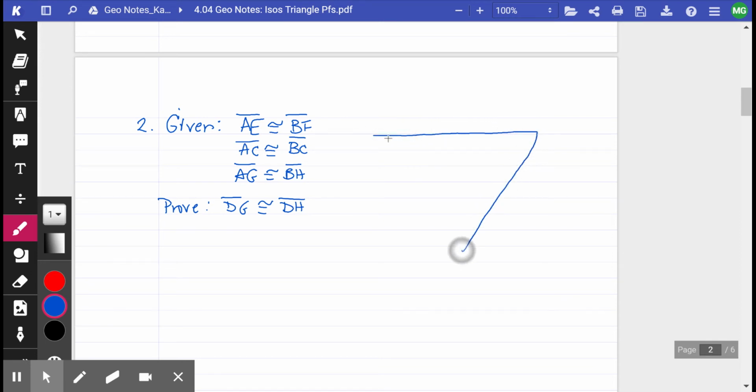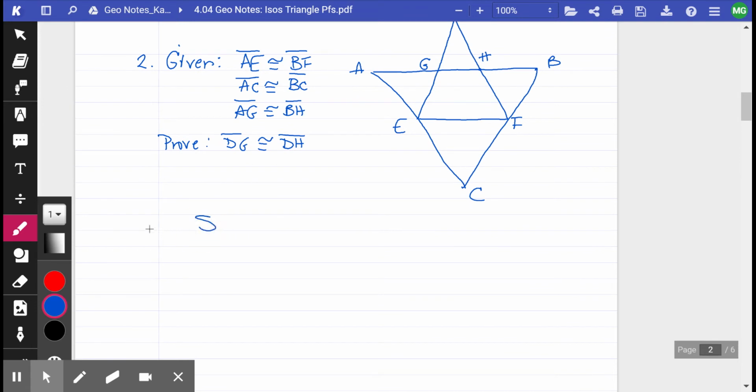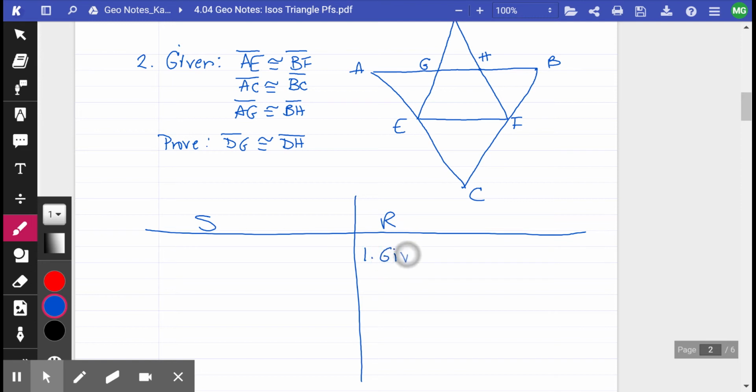So we've got one big triangle here, and then we have another triangle there, and let's just label A, G, D, this point is H, B, F, C, and E. And then we'll do our statements and our reasons, write out our givens, and then of course mark your picture and see where we're at.